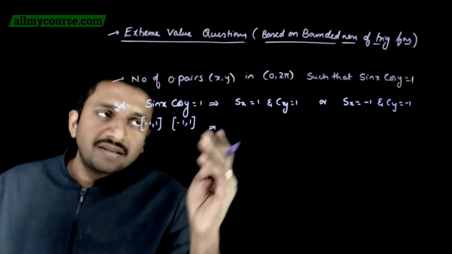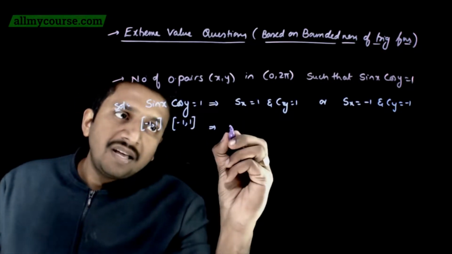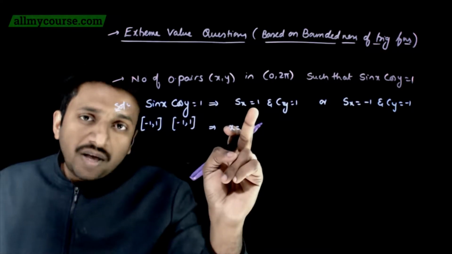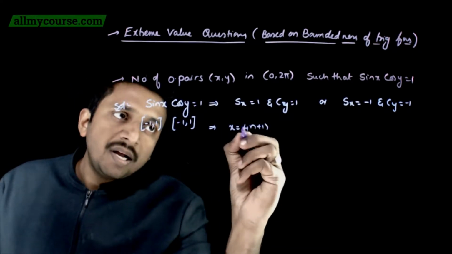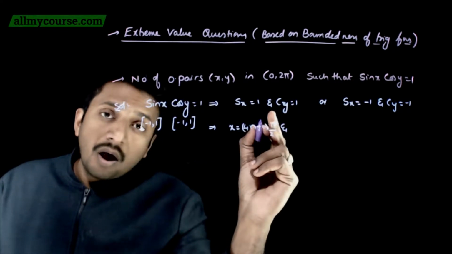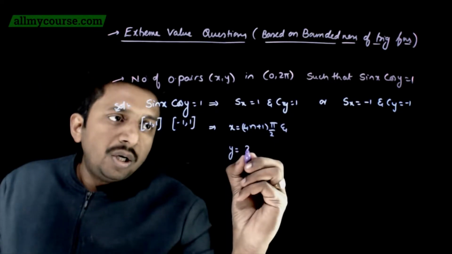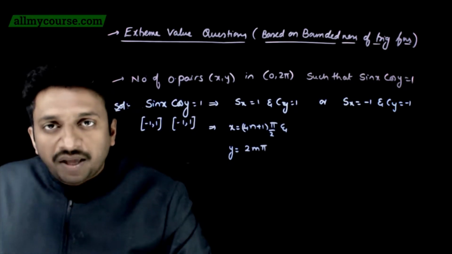So this implies, let us see these cases, sin x is equal to 1 implies x is equal to, where will sin x be equal to 1? We have already solved this, 4n plus 1 times pi by 2, and cos y is equal to 1 implies y is equal to 2m pi, even multiples of pi.